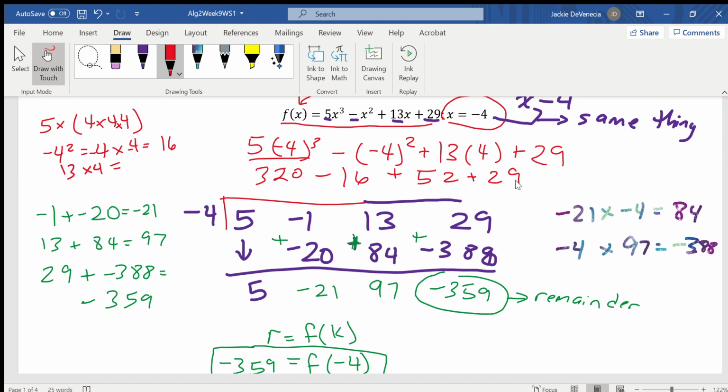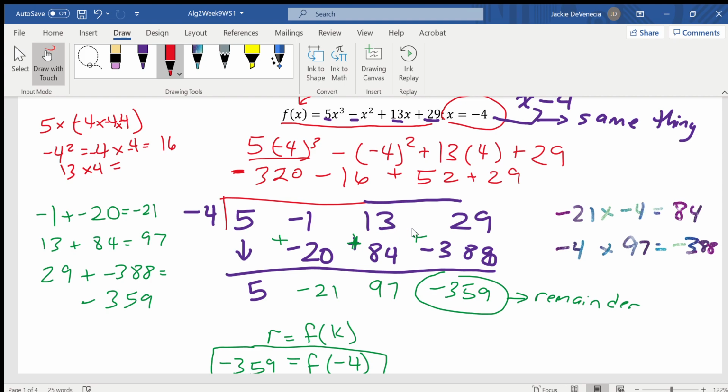So we put all of these together. Oh, this would actually be a negative, because over here you're doing negative 4 times negative 4 times negative 4.